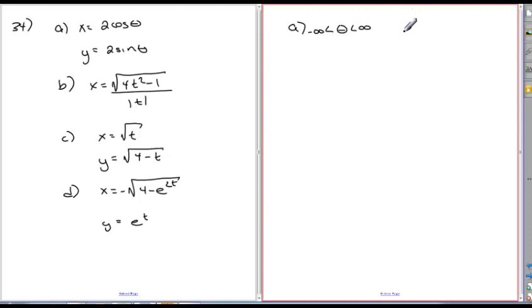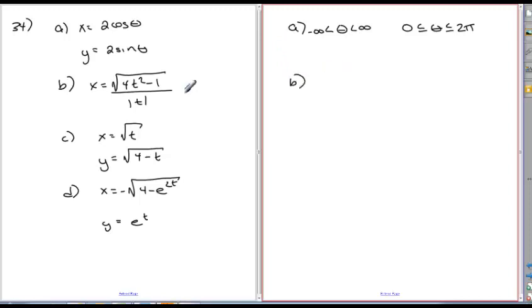In reality, we only have to go from 0 to 2 pi, and we'll cover everything. If we go outside of this range, it's going to retrace its steps, because the cosine of 0 is the same as the cosine of 2 pi, the same as the cosine of 4 pi.